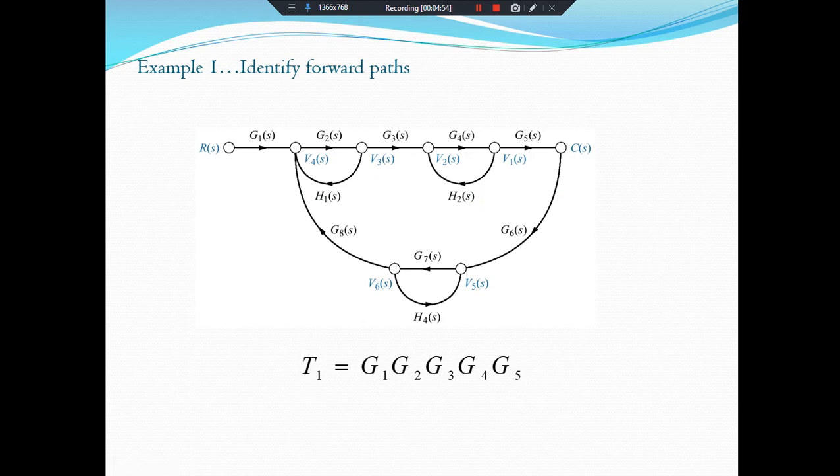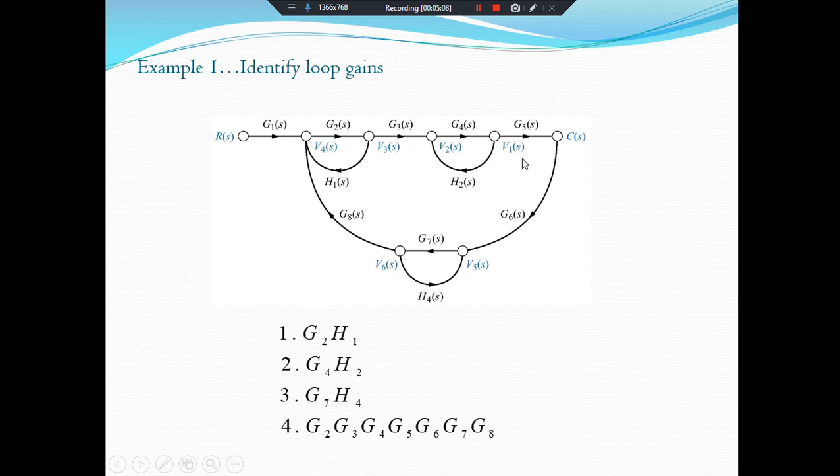So first we have to identify the forward paths. As we have seen, in this case we have only one forward path, and it's G1, G2, G3, G4 and G5. Now we have to identify the loop gains.